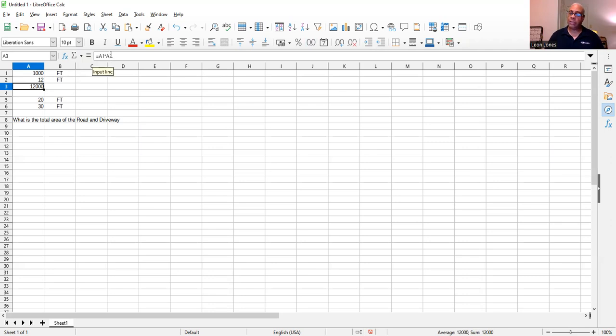But then I need to do something else. I said area, right? So what I'm going to do then is take that and divide it by 9. Now that gives me 1333.33 square feet. Always, when you are doing math, always utilize your units.